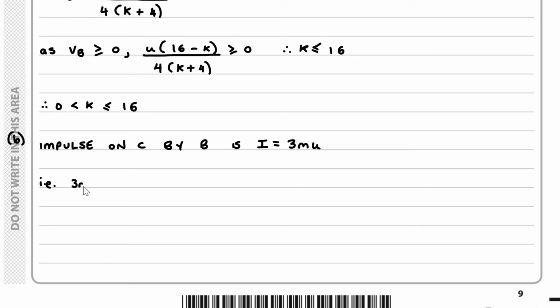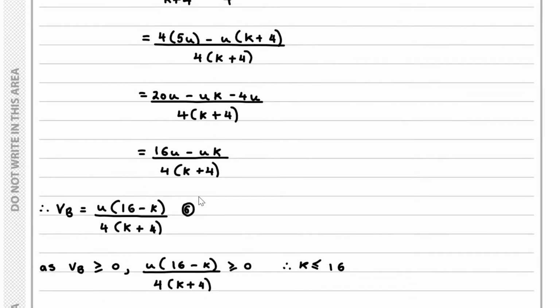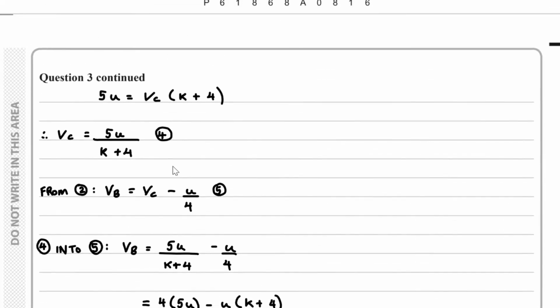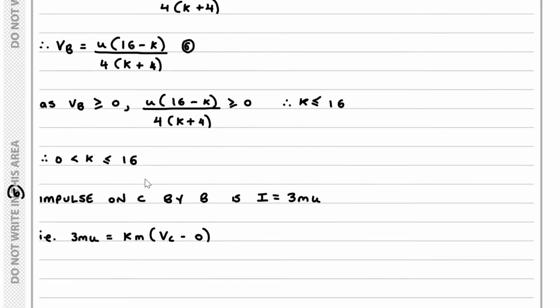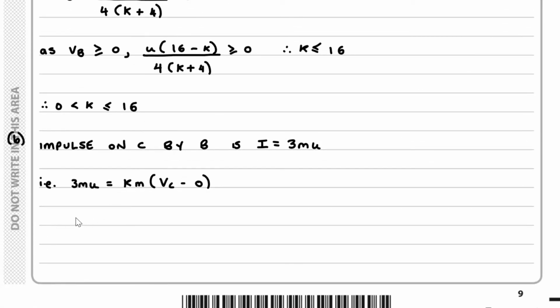the impulse on C by B is I equals 3mu. So we've got 3mu equals the mass of C, which is km, multiplied by the change in velocity, Vc minus 0. We already know what Vc is, as we previously worked out: 5u over k plus 4. So we have 3mu equals km multiplied by 5u over k plus 4.